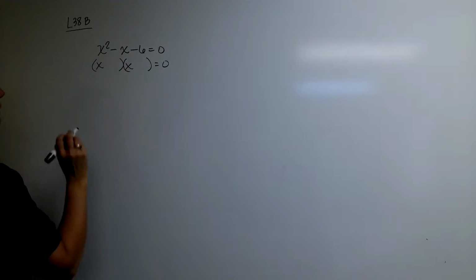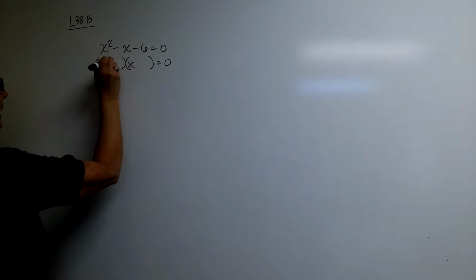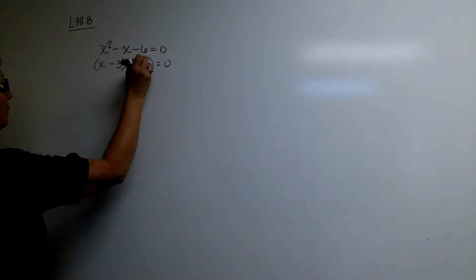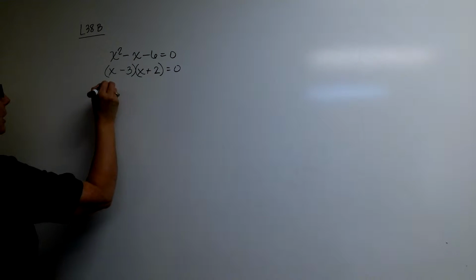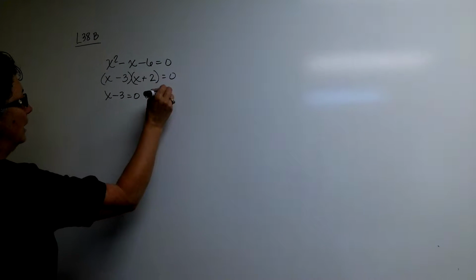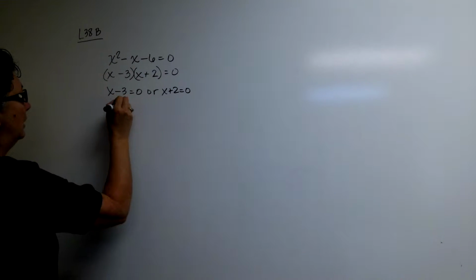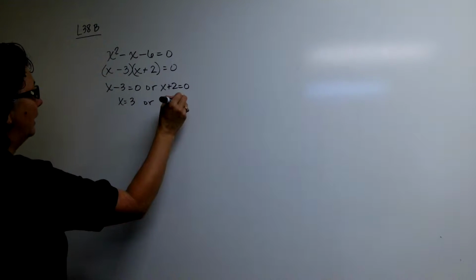x and x, two numbers that multiply to give me -6 and add to give me -1 would be -3 plus 2. So then we say x minus 3 equals 0, or x plus 2 equals 0. So x is 3, or x is -2.